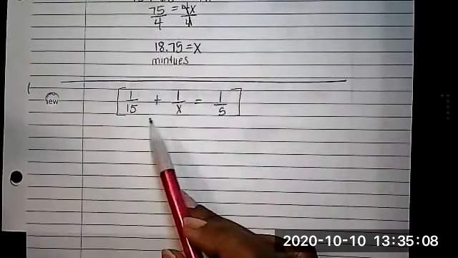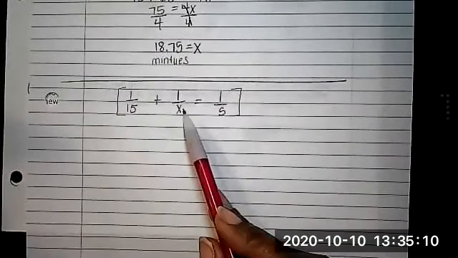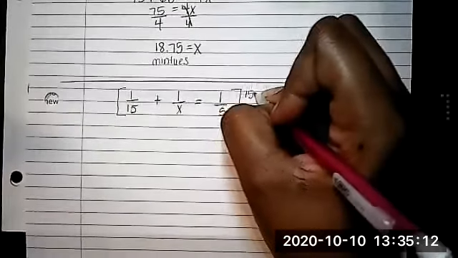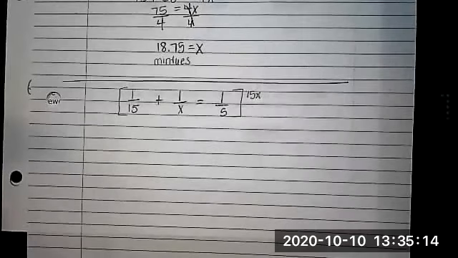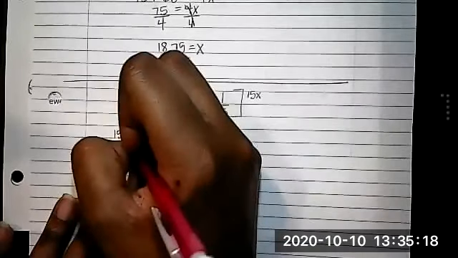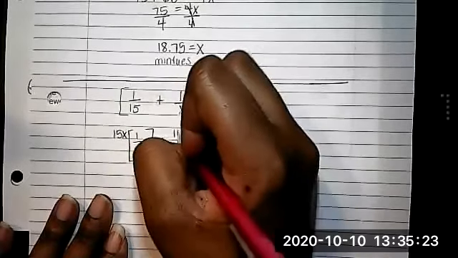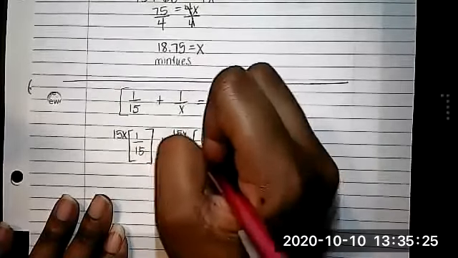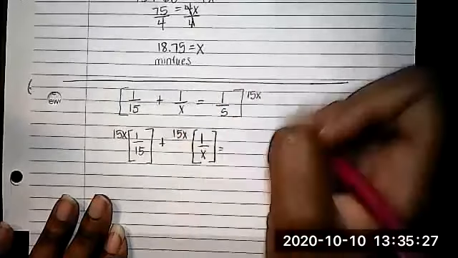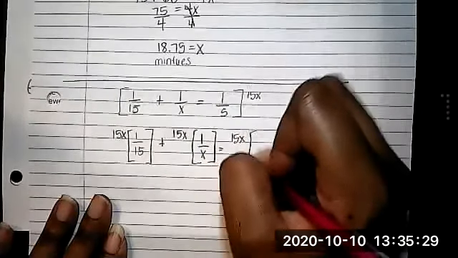It looks like 15 and x. 15x is our common denominator there. So now you know you're multiplying 15x times 1/15, and then you're multiplying 15x times 1/x, and then 15x times 1/5.